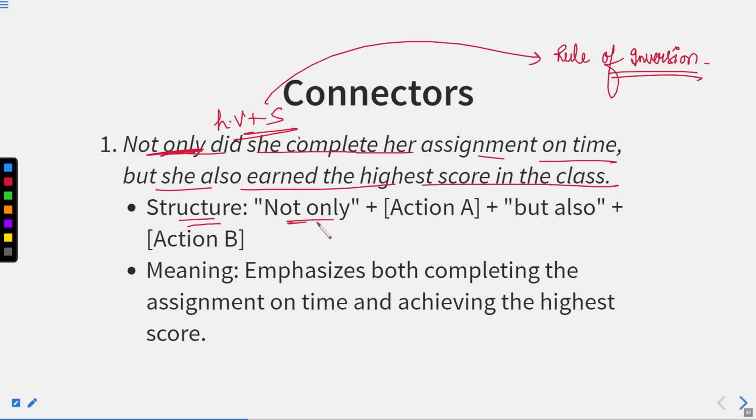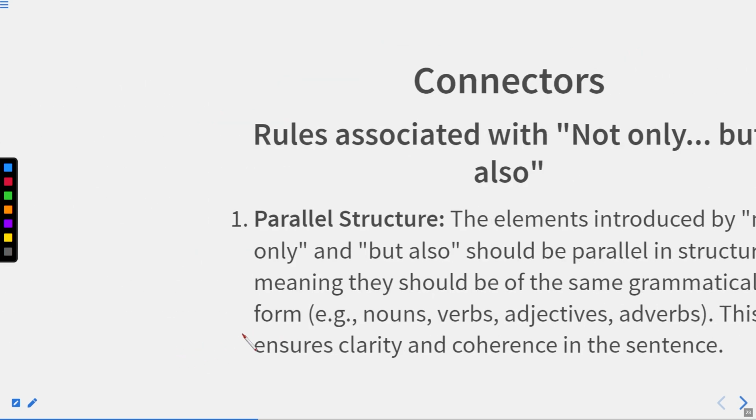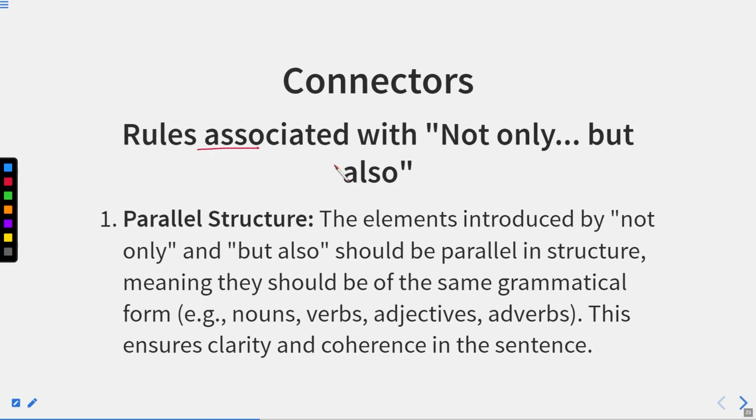Now, the structure: not only plus action A, then but also plus action B, and the verb depends on the B action, or the nearest subject, meaning it emphasizes both completing the assignment on time and achieving the highest score. Okay, now rules. What are the rules associated with not only but also? First of all, we'll have parallel structure.